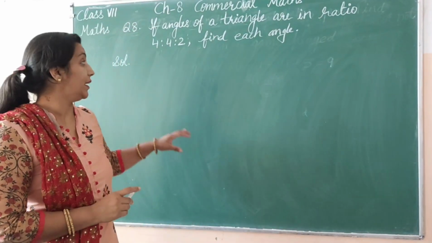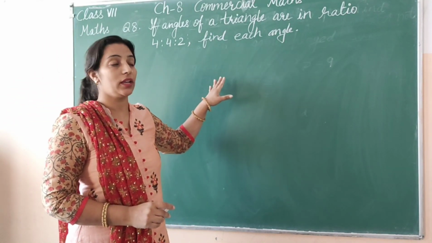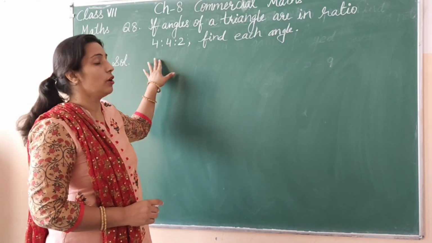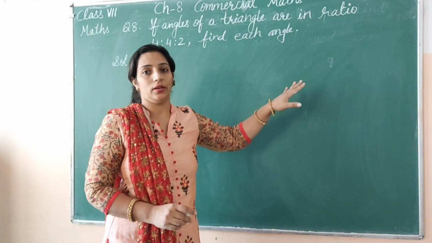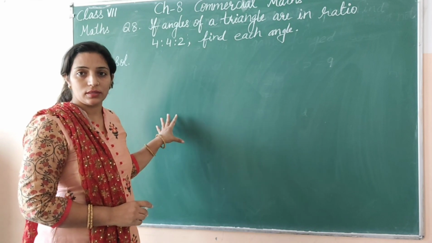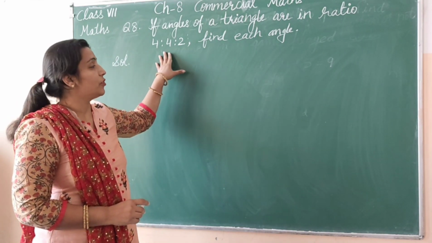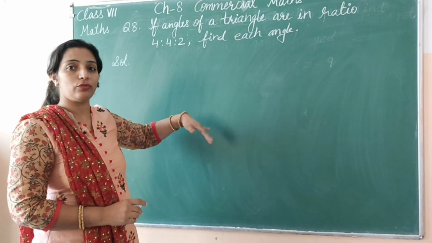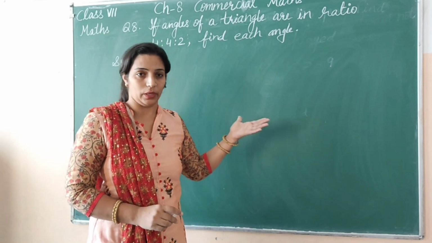Now our next question is: if the angles of a triangle are in the ratio 4 is to 4 is to 2, find each angle. We have done such a sum in the previous class too: if the ratio is given and we have to find the actual value, then we take the help of a variable.